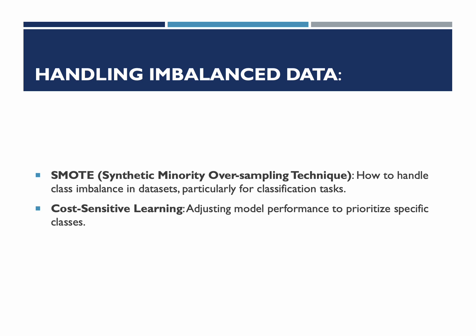SMOTE, which is synthetic minority over sampling technique. It is a widely used technique to address class imbalance by generating synthetic samples for the minority class. Instead of simply duplicating minority samples, SMOTE creates new instances by interpolating between existing minority class samples, which helps to improve model learning.